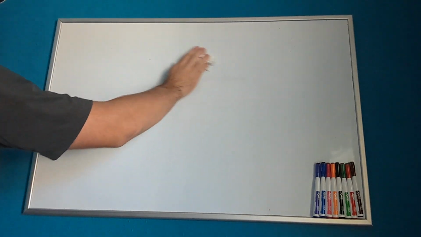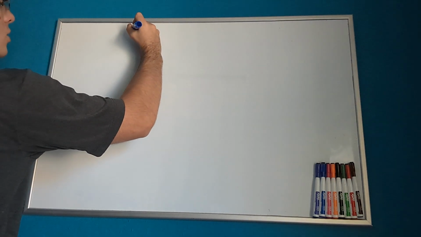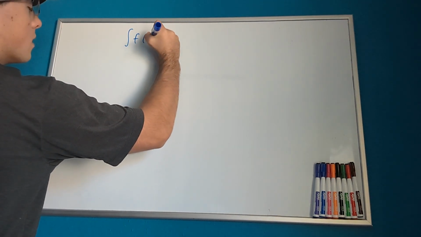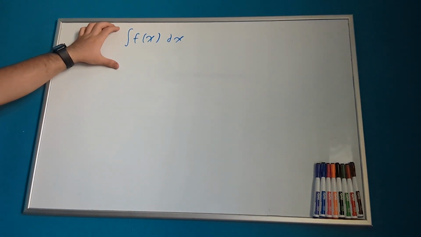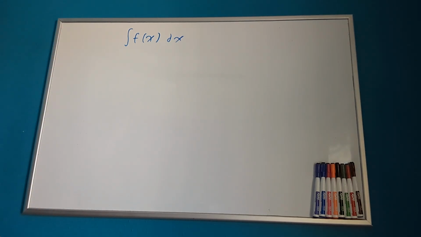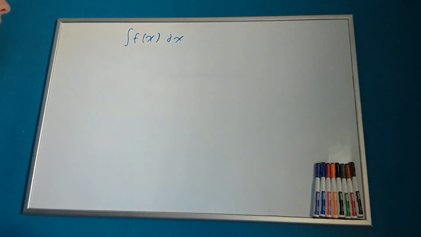Before we do the next problem, let me introduce you to something. So now we have some notation. This right here is our notation for the indefinite integral, right? You'll learn a little bit more about what that means later on if you're taking calculus.